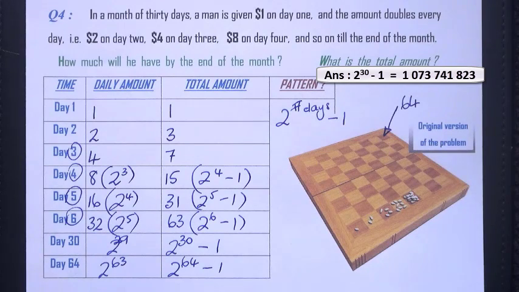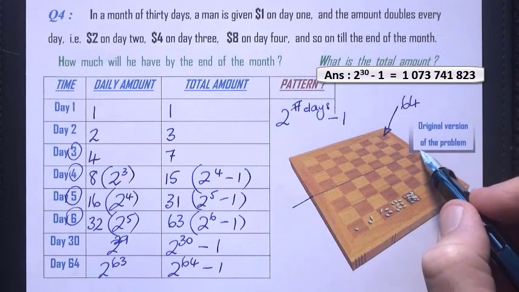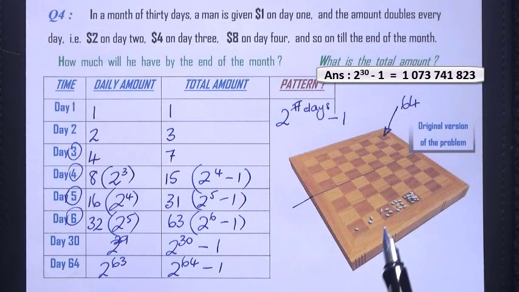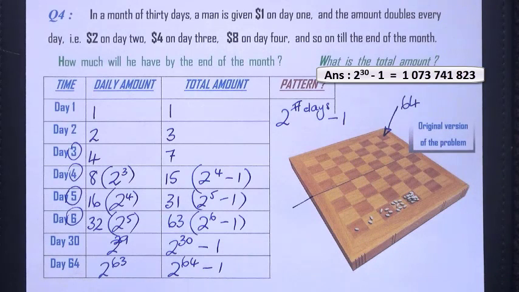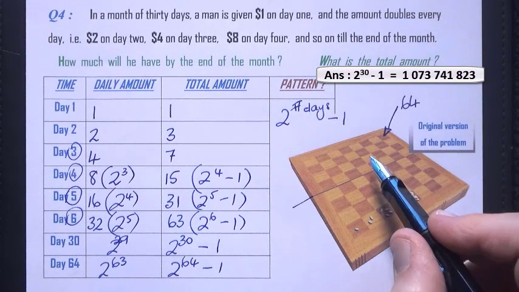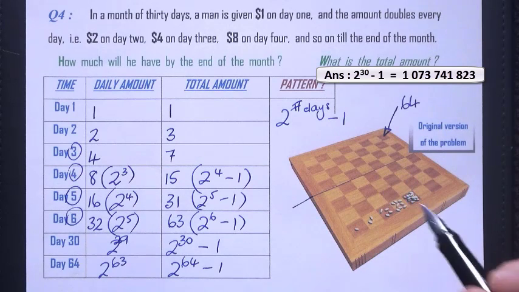We can divide the chessboard into two halves here. This is the first half of the chessboard and this is the second half. Now, when you have exponential growth, the growth in the second half is billions of times more than in the first half.